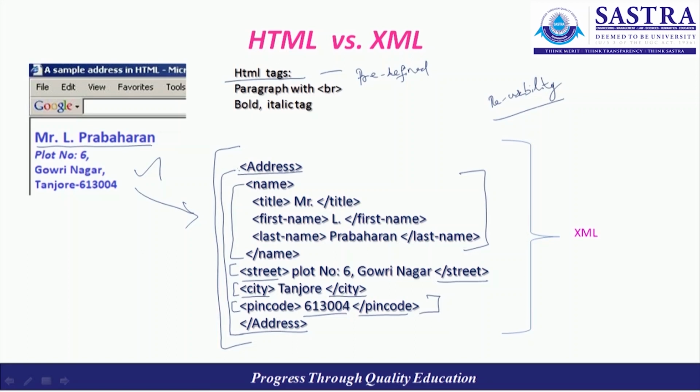So it will be acting as a storage, as a data store, so that it is a powerful markup language, lightweight markup language. It is a kind of meta language. So I can say a lot of advantages of XML. We will discuss all this one by one.